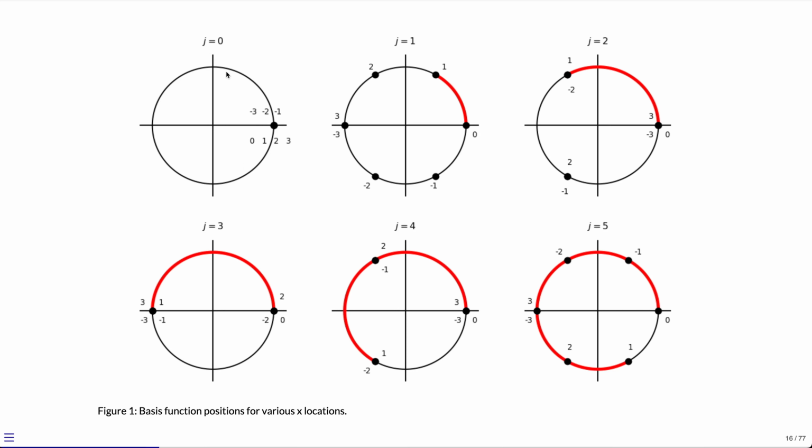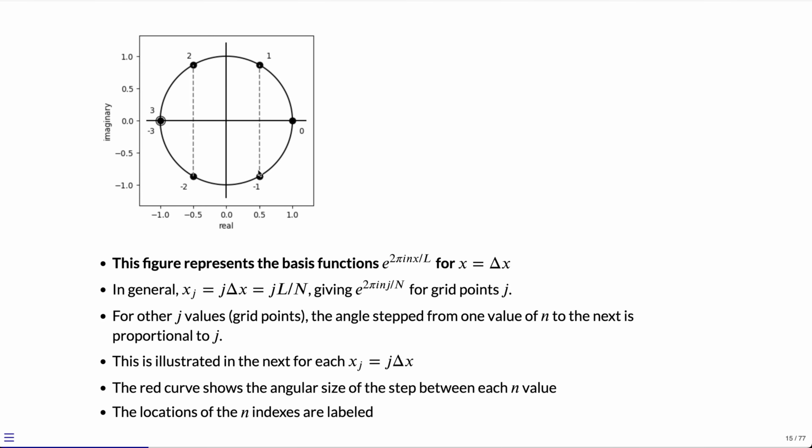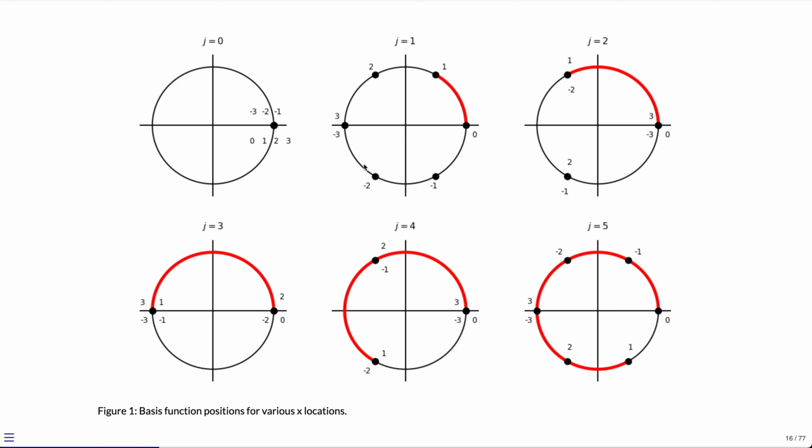When j is 0, it's e to the 0, which is just 1, for every n. So point n is 0, n is 1, n is 2, n is 3, n is minus 3, minus 2, minus 1, they all just sit at this point. When j is 1, we have the situation on the previous figure.